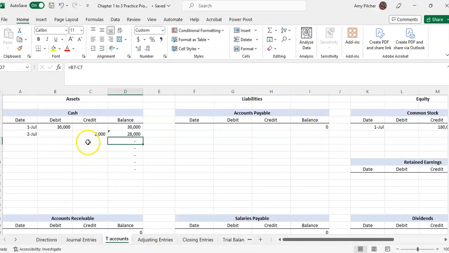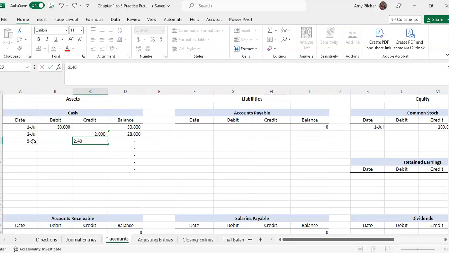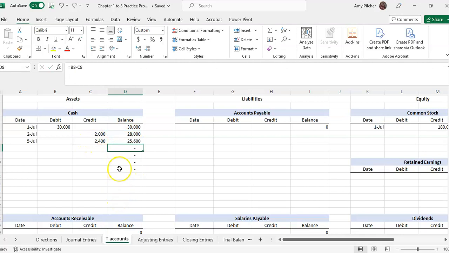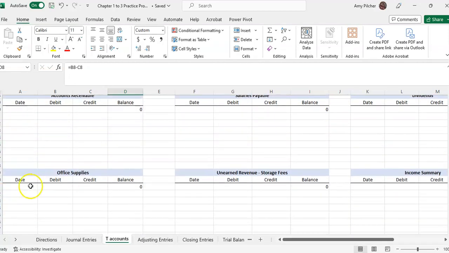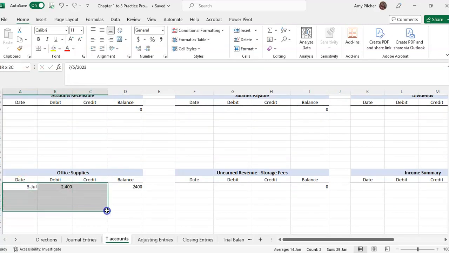The date on that, July 5th. And we now have office supplies.